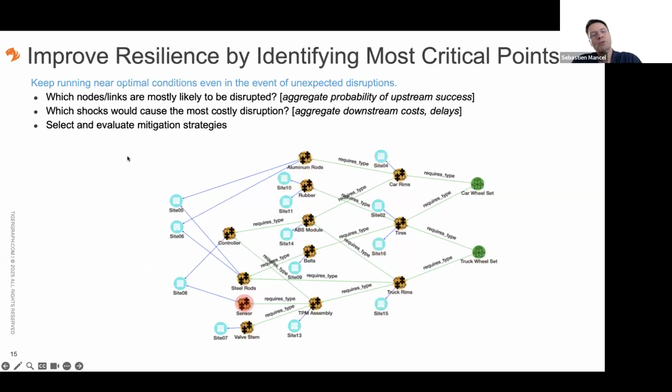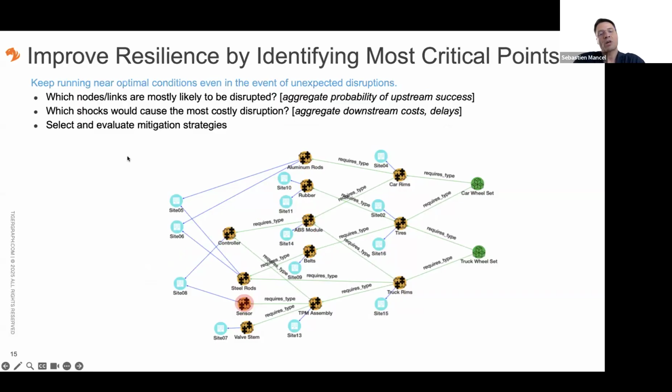So beyond reacting to disruptions or tracing root causes, graph-powered digital twins also allow us to build proactive resilience. So the goal here is to stay near optimal operations even when unexpected disruptions occur. To do that, we ask which nodes or links are most likely to be disrupted, and we analyze the aggregate probability of upstream success.